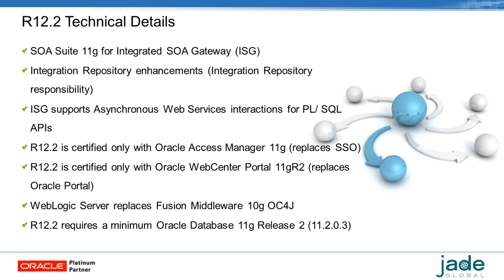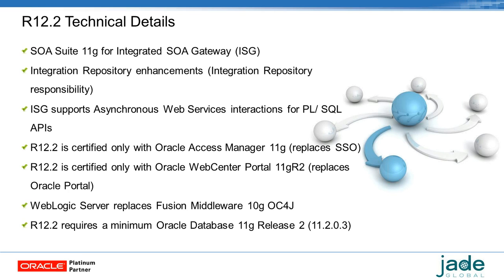With SOA Suite 11g, Oracle introduced the asynchronous web service, where it queues. Once you initiate a web service, it can sit on the other side in a specific queue, and once the response has been generated, it pulls it back. This way, the end users don't have to wait till the web service is completed.